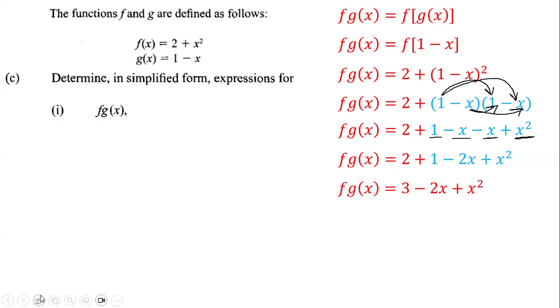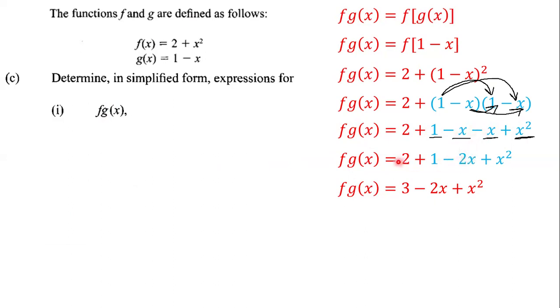And so what do we have? We have f of g of x is equal to 2 plus 1 minus x minus x plus x squared. Now we have to simplify it. So we know that negative x and negative x put together is negative 2x.